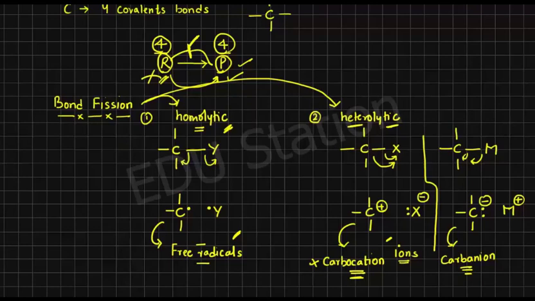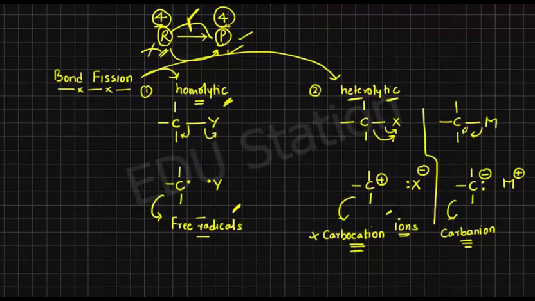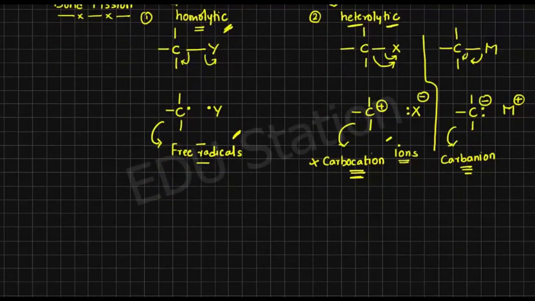Now, from your exam point of view, you must know the hybridization of these species. In free radical, this carbon is sp2 hybridized. In carbocation also, it is sp2 hybridized, but in carbanion, carbon is sp3 hybridized.